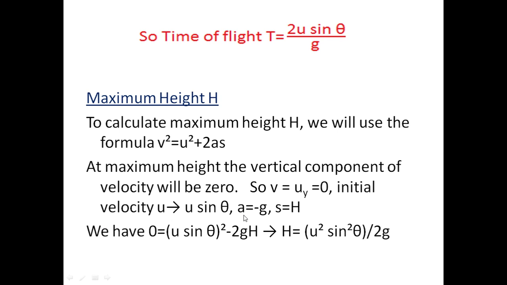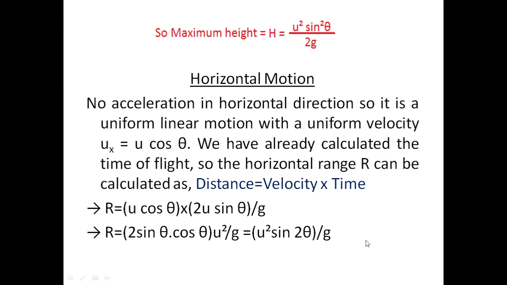Acceleration a is minus g, and displacement s equal to h. Putting this, we have 0 equal to u sin theta whole square minus 2gh. That gives h equal to u square sin square theta by 2g. So maximum height h equal to u square sin square theta by 2g.